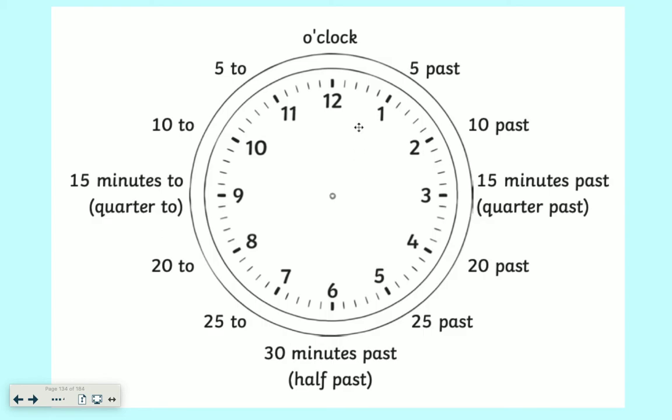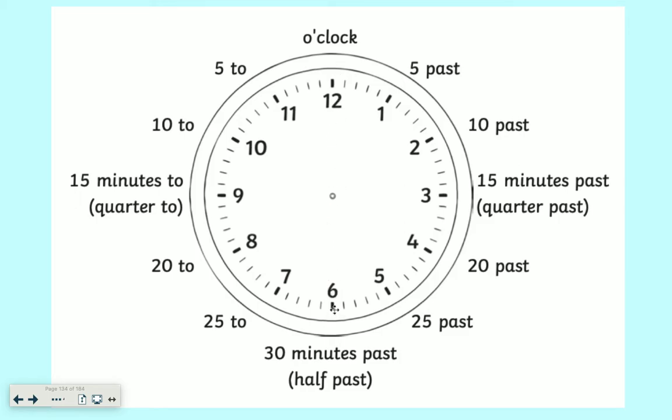We go clockwise, so we go this way, and when the hands move around the clock, once it goes from 12 to 6, they are all past. Okay, so 1, 2, 3, 4, 5 are all past. So you got 5 past, 10 past, quarter past or 15 minutes past, 20 past, 25 past, and then 30 minutes past or half past, because it's halfway round the clock.